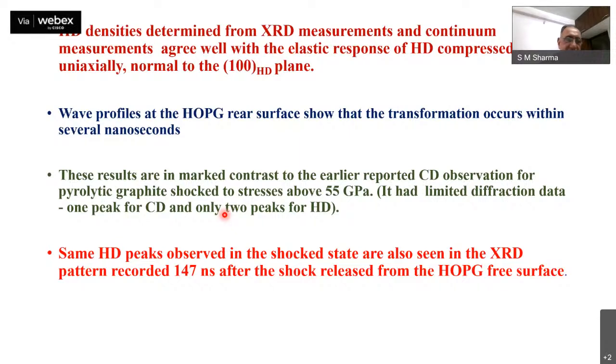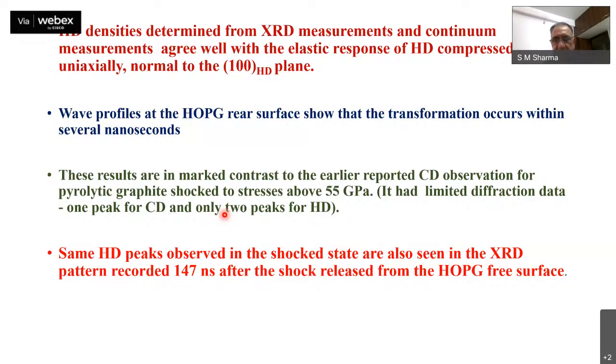More importantly, these results were in marked contrast with the earlier reported shock compression results on the pyrolytic graphite, which claimed that at 55 GPa, the transformation was to the cubic diamond. We did these experiments also at 50 GPa, and we showed that it is hexagonal diamond.